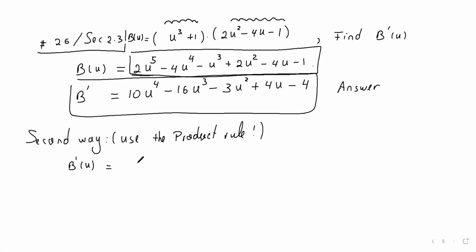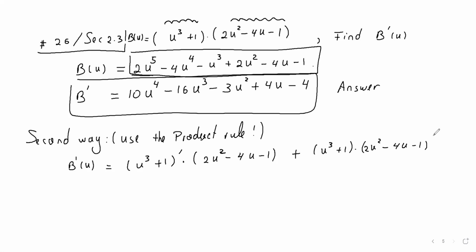So B prime of u will be u cubed plus 1 prime times 2u squared minus 4u minus 1, plus u cubed plus 1 times 2u squared minus 4u minus 1 prime.